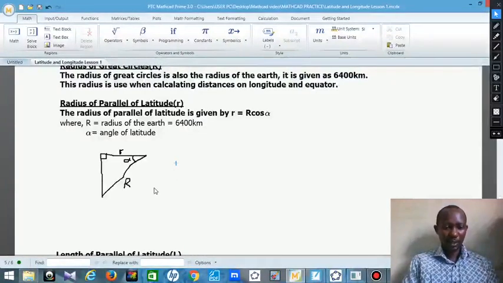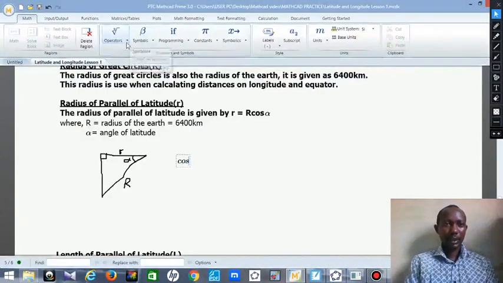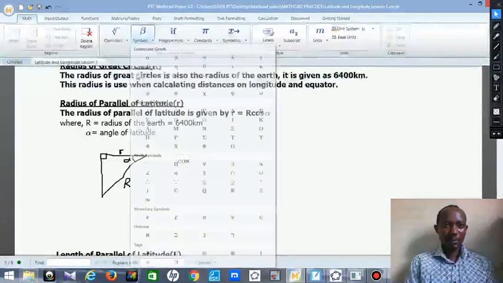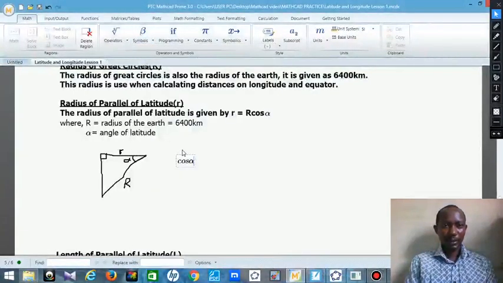So if you use cos alpha, the cos alpha is going to be equal to small letter r divided by capital letter R. So this is it. You can see it. Okay. So that's what we did.